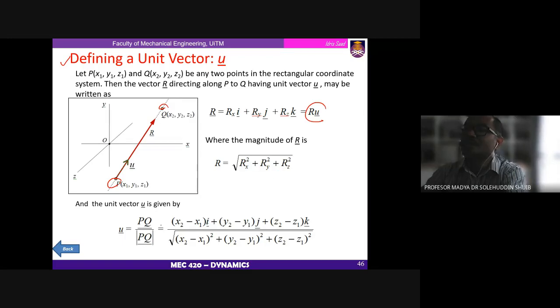So how to get those? Using this formula: unit vector equals PQ divided by the magnitude of PQ. How to get PQ? We subtract: x2 minus x1, y2 minus y1, and z2 minus z1, and then divide by the square root of those. So you get the unit vector of it. This is what you have learned in statics before, how to define a unit vector.